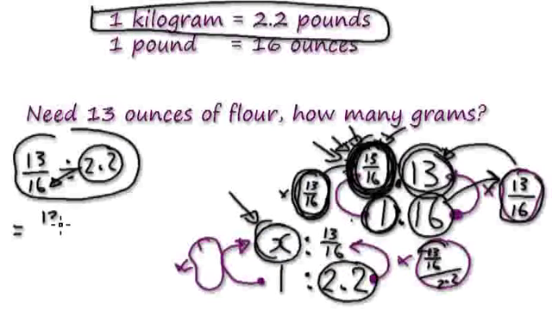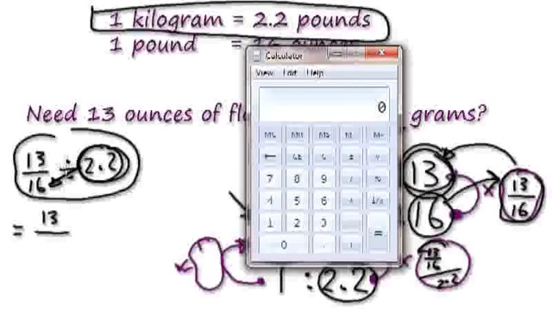So 13 will stay the same, and then basically 2.2 times 16. So 2.2 times 16 equals this.